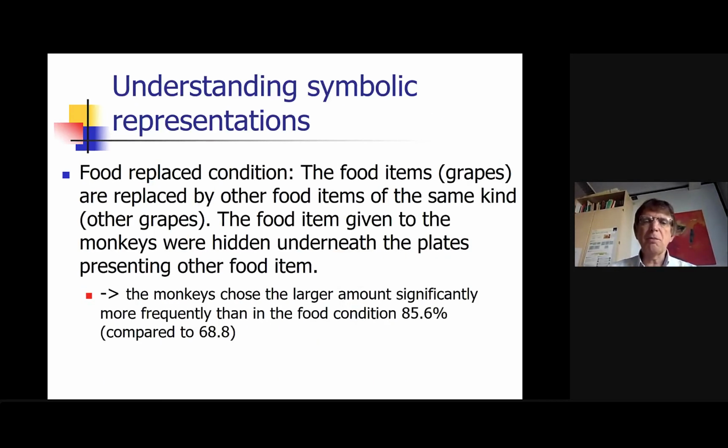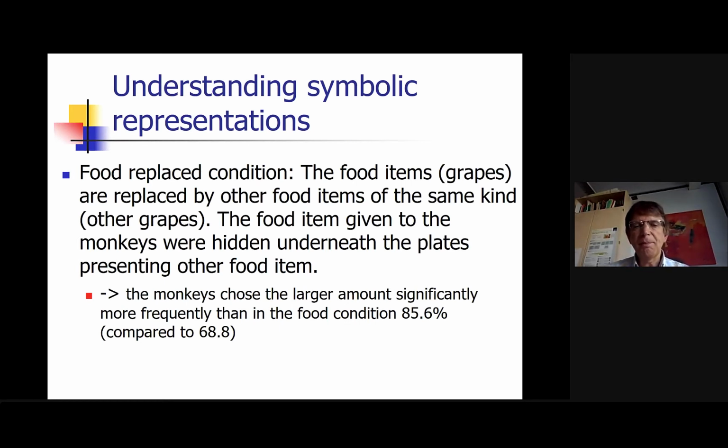Now the most interesting move came into play, namely the food replaced condition. The food items, the grapes, are replaced by other food items of the same kind. So the grapes they get to eat are again under the plate, while other grapes are representing those grapes which they actually get. In this condition, where the monkeys have to choose the plate, they actually do well.